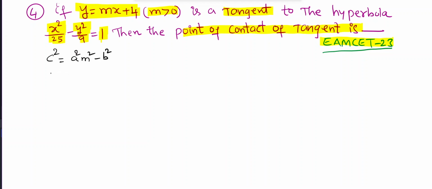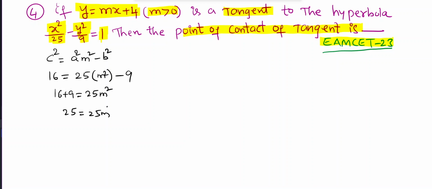Here c is 4, so c² = 16, a² is 25, times m², minus b², which is 9. So 16 + 9 = 25m². From this, 25 = 25m², and cancelling 25, m² = 1.